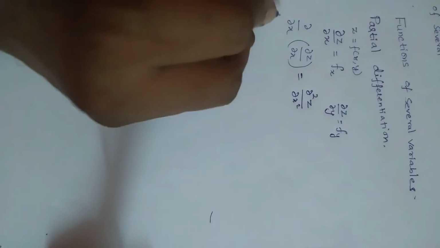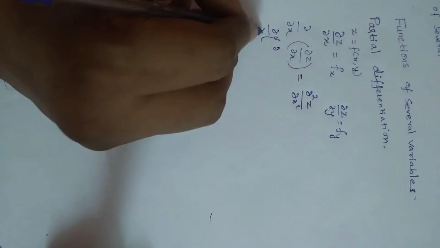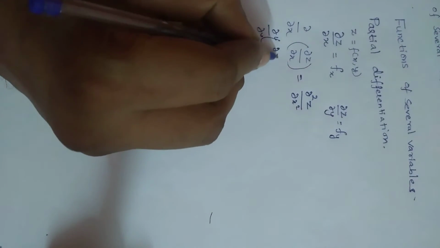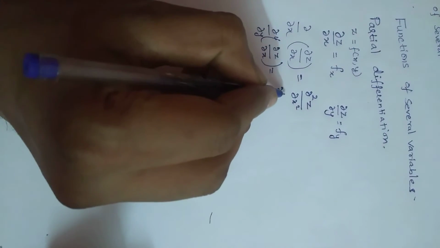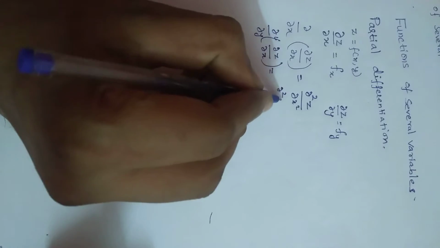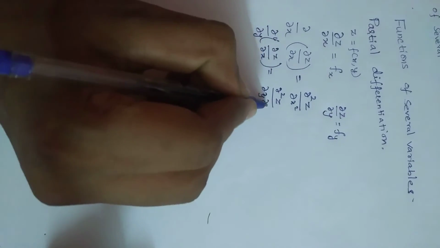And if we differentiate this again with respect to y, ∂z by ∂x, this will be written as ∂²z by ∂y∂x.